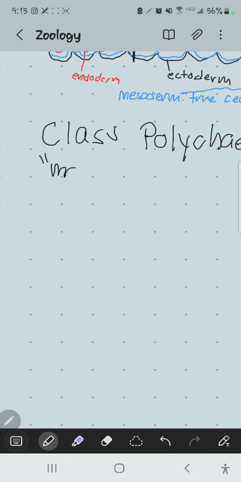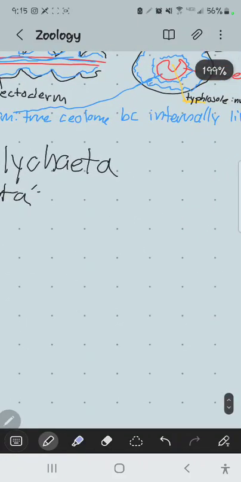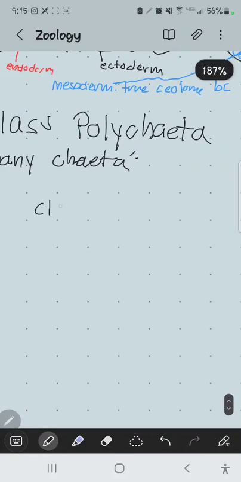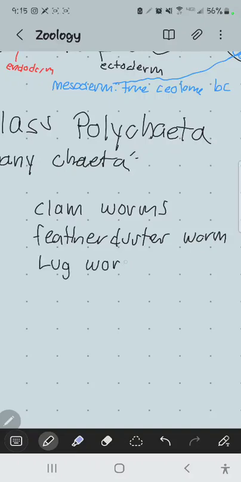So the organisms that we're looking at here as polychaetes are the clamworms, the feather duster worms, and mudworms. I think what I have over here is a clamworm and a mudworm. I only have a few specimens of them, so we'll take a look at those.